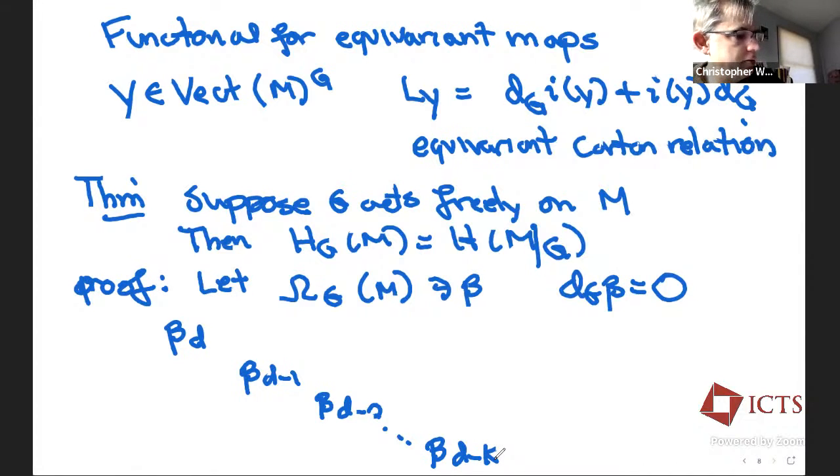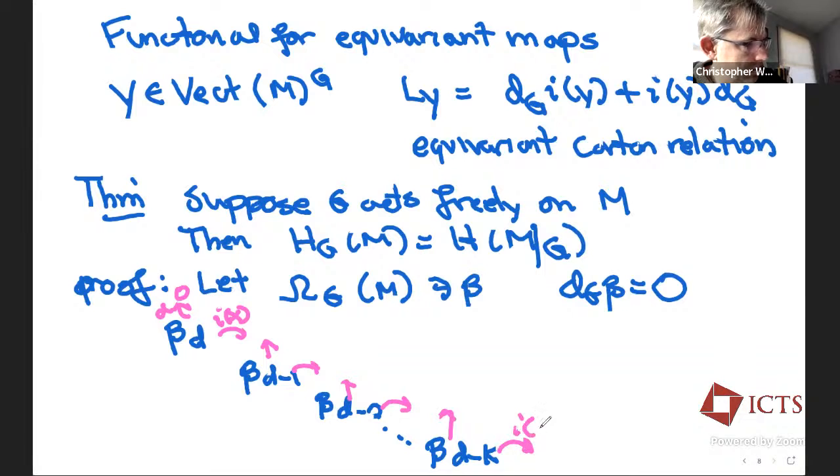So to say that beta is closed means that, well, there are two parts of the operator. There's the d operator, and then there's the i_X operator. And the fact that the whole thing is closed means that this piece up here on the upper left has to go to 0 under d.